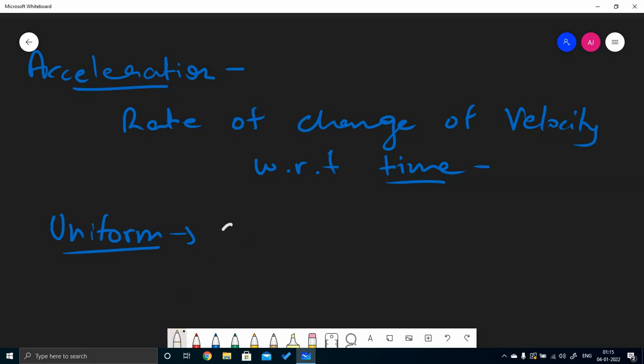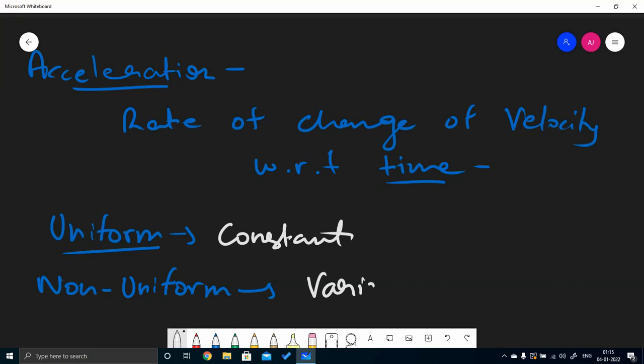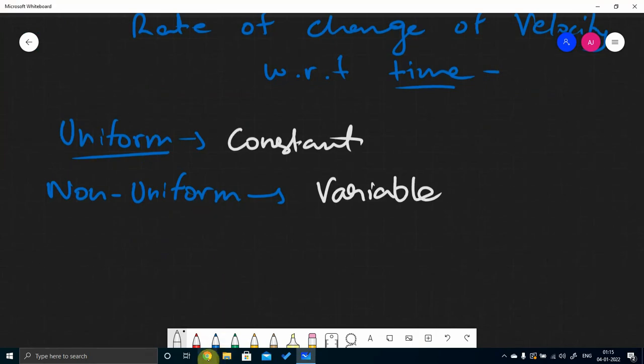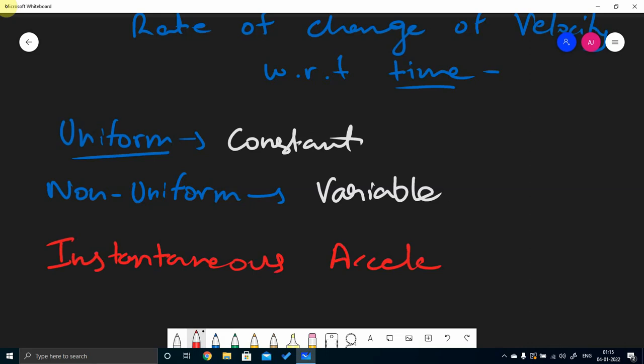Okay, so uniform basically means constant. And non-uniform basically means variable. Then we have something known as instantaneous acceleration.